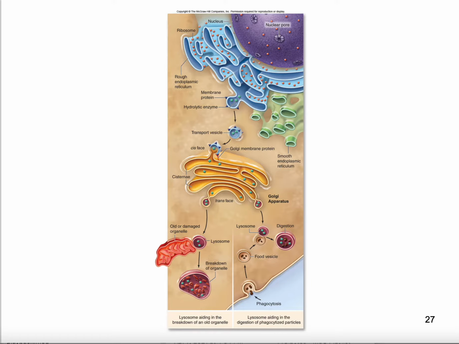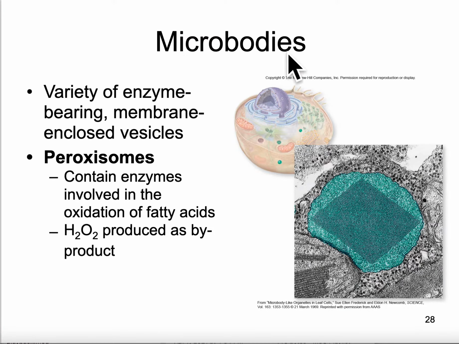So that's the lysosome. There are other microbodies, so similar working spheres that are made out of a phospholipid membrane, double layer, to make that bubble or that sphere. And then inside it has various different proteins.